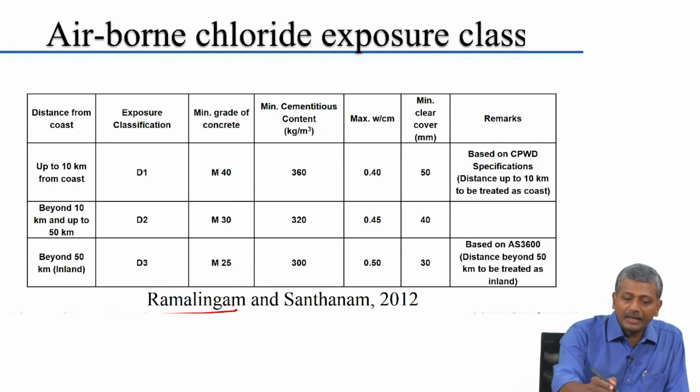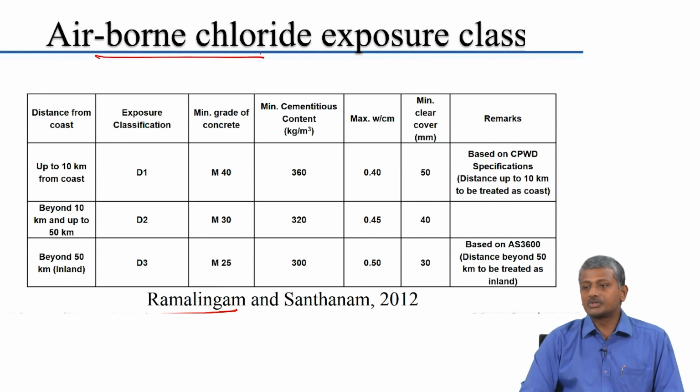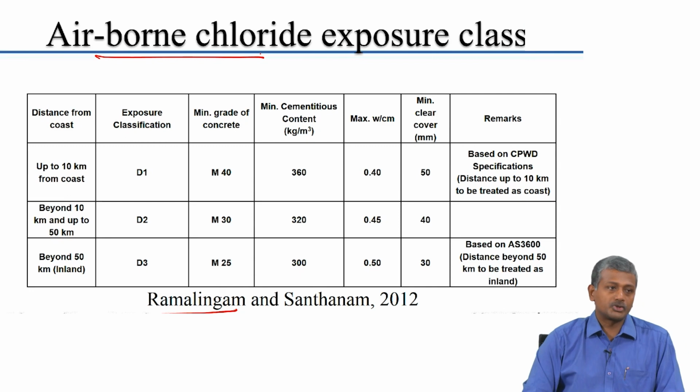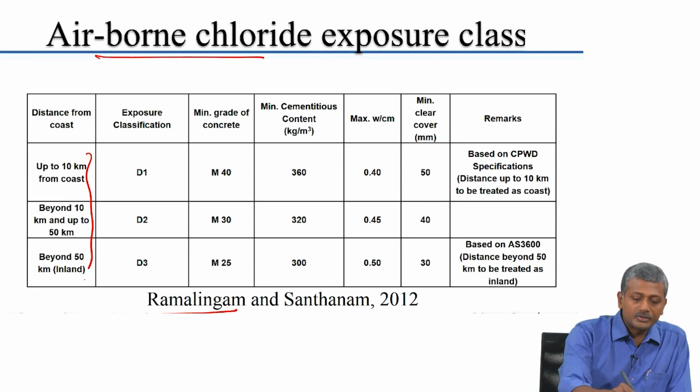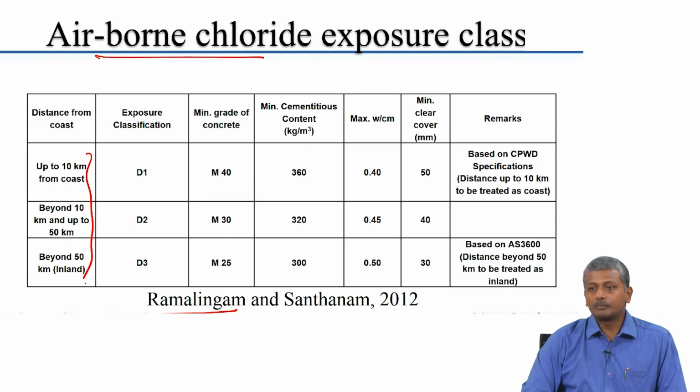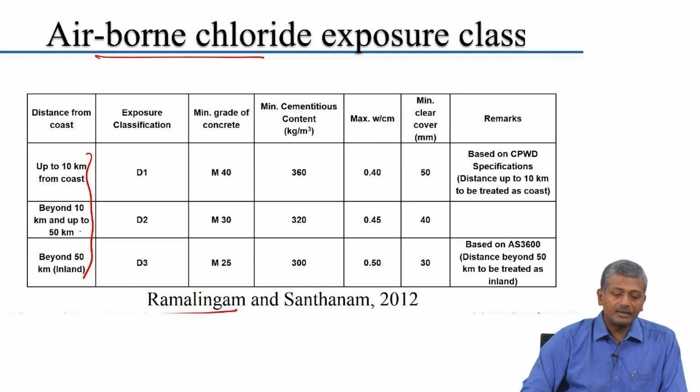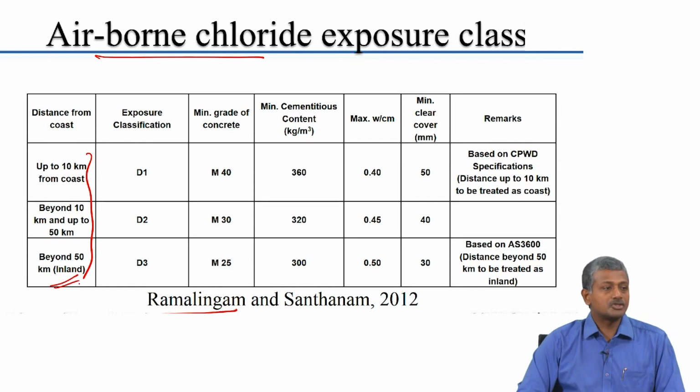Once again, the airborne chloride exposure class was defined separately as opposed to the seawater exposure class. Okay. So, the airborne chloride exposure class was divided based on the distance from the coast. So, up to 10 kilometers was considered the closest to the coast, beyond 10 and up to 50 kilometers was another, and then inland environment is something which is beyond 50 kilometers.